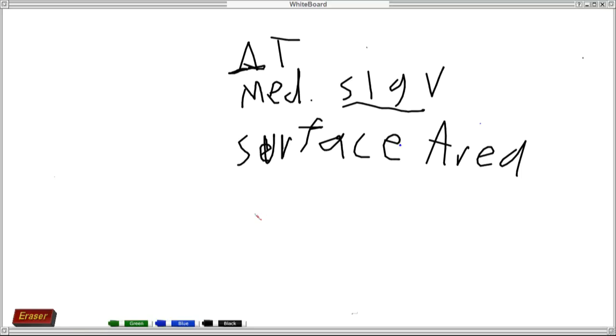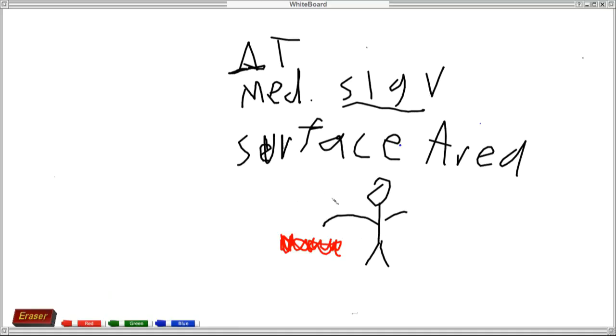Now, let's say there's a red hot plate, and let's say you decide to touch it for some odd reason. Let me do a closer illustration. Here's the red plate, and let's say here's your hand.